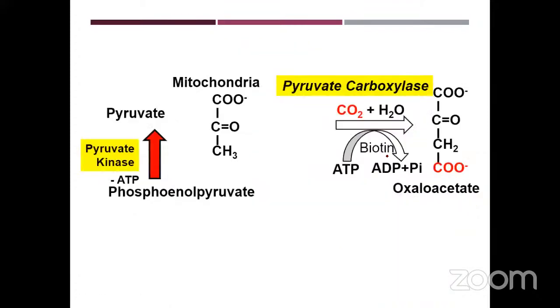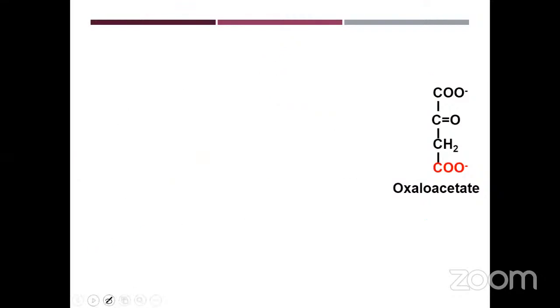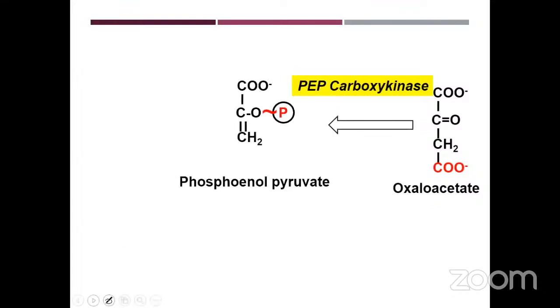Okay, so this is the first reaction occurring in the mitochondria, forming oxaloacetate. As it is not permeable, it reaches the cytoplasm by the malate aspartate shuttle. In the cytoplasm, the second enzyme which converts oxaloacetate to phosphoenol pyruvate is phosphoenol pyruvate carboxykinase.